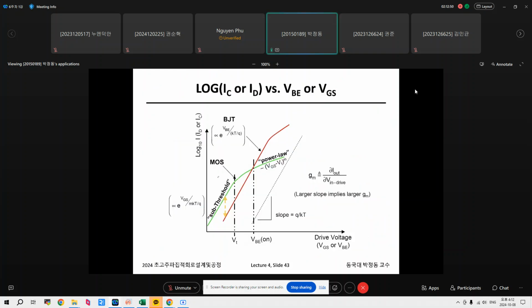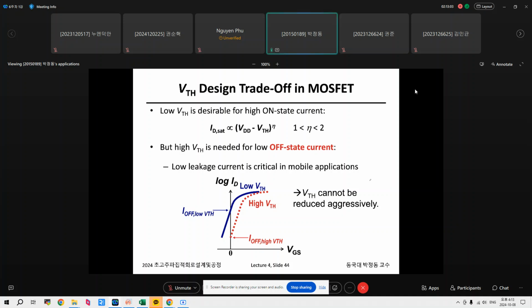So this is a log graph depending on VGS or VBE. This is what I already mentioned, so I will skip. Threshold voltage trade-off. As I already mentioned, IDSAT is proportional to VDD minus V threshold to the power eta. Eta is 2 for a square law device, or 1 for a velocity saturated device.